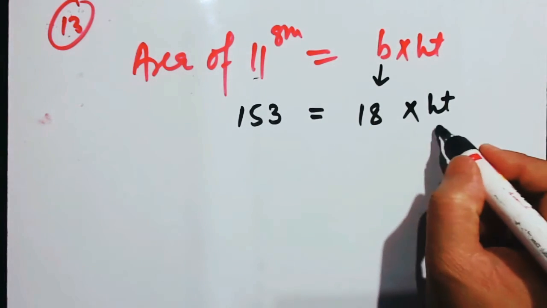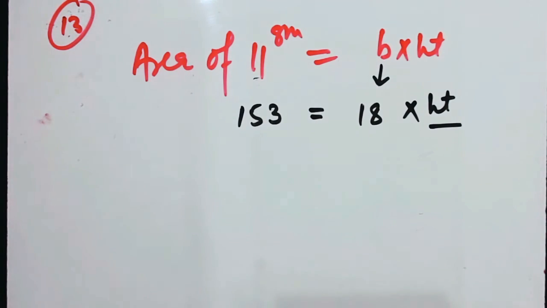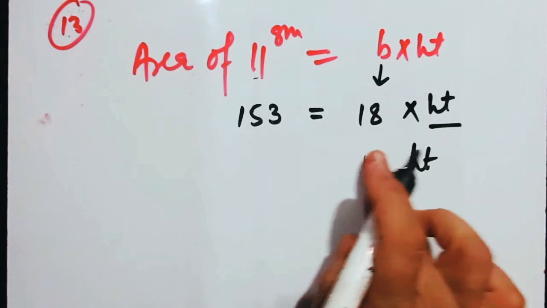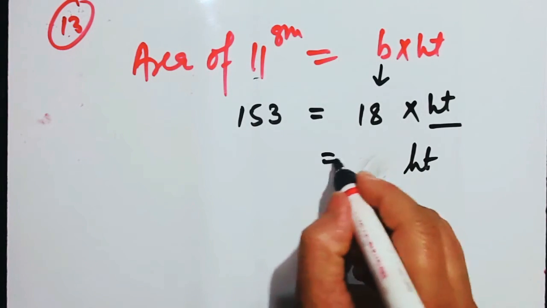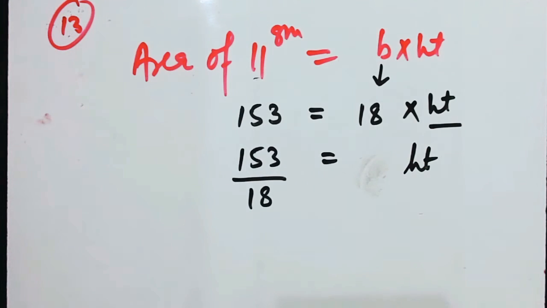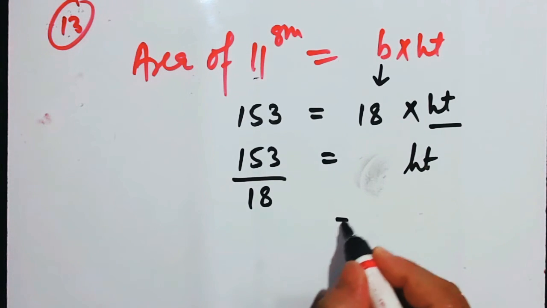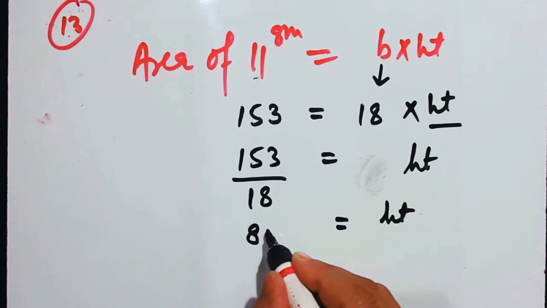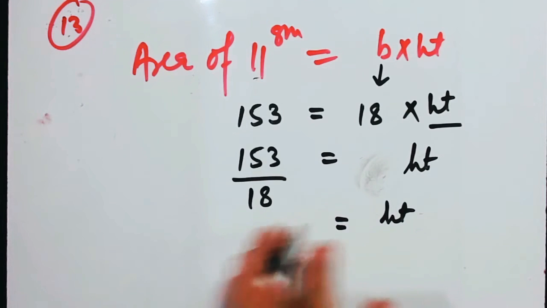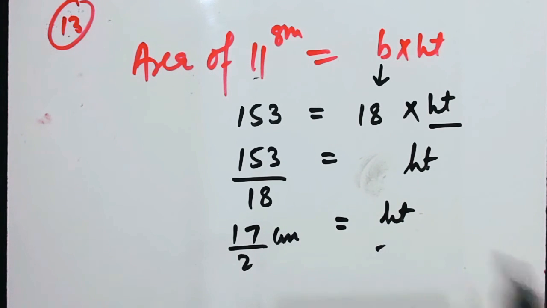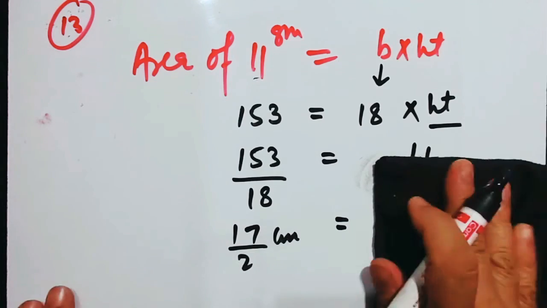So they say please find out the height. How can you find out the height? Height will be equal to 153 divided by 18, which will give you about 8.5. Or not 8, let us talk in fractions: 17 by 2 centimeter. Simple. So these are the questions which are directly based on the formulas.